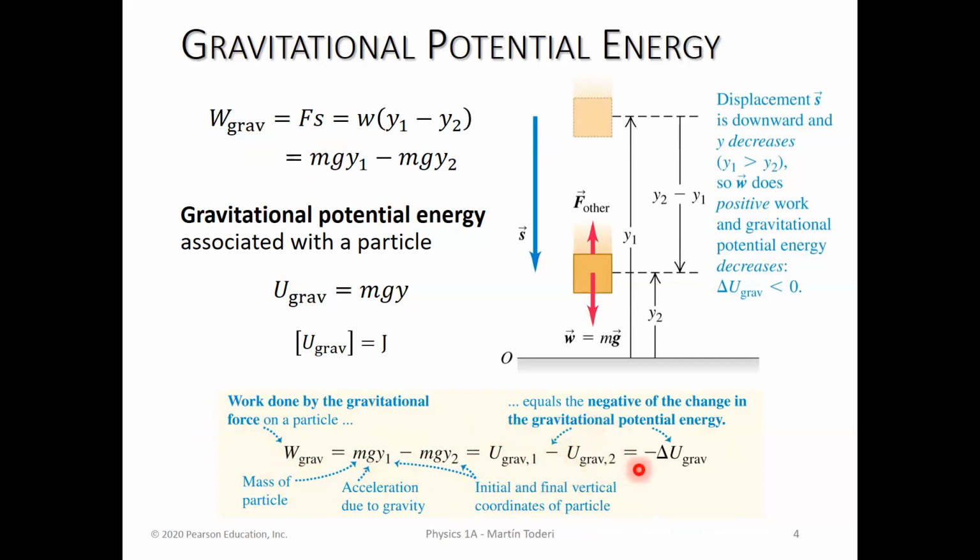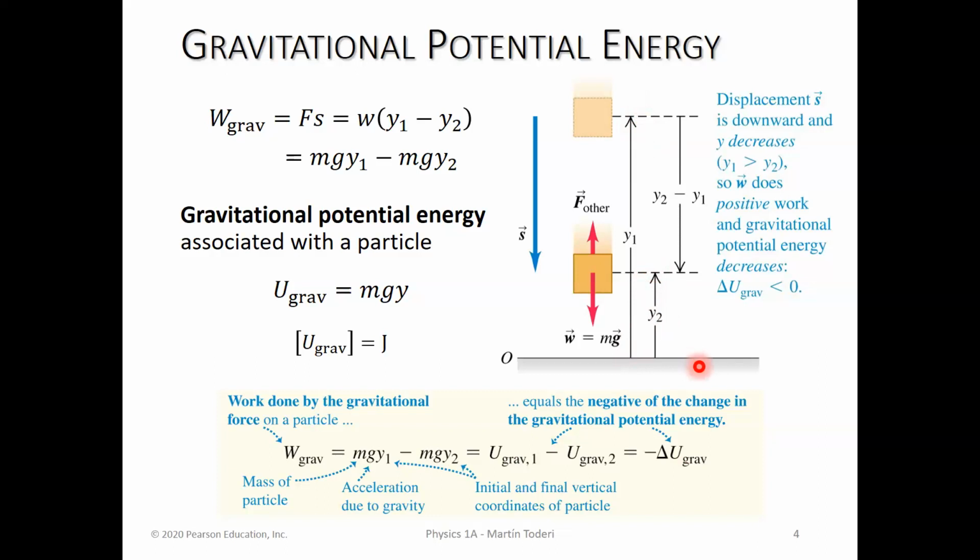So this would be minus delta gravitational potential energy, right? That minus is coming from here, right? Because we have this y1, which is bigger than y2, and it makes sense. It will give us a negative sign, right?